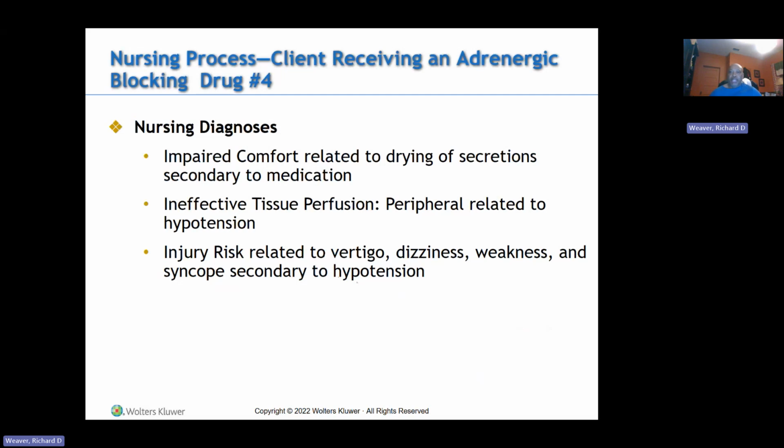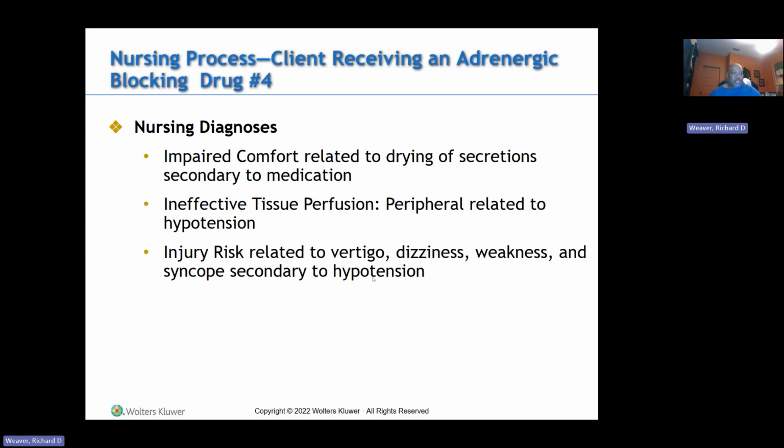Their blood vessels, the arteries, are dilating, causing the blood pressure to decrease, because this is what these drugs do. If the blood pressure is dropping, that means your mean arterial pressure is dropping also. It means that you're not getting enough blood flow out to your brain, your muscles, and the rest of your organs and tissues.